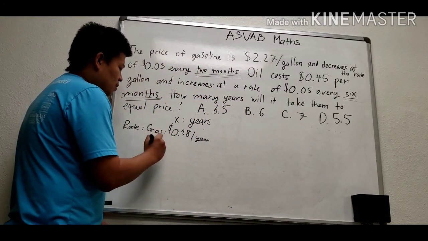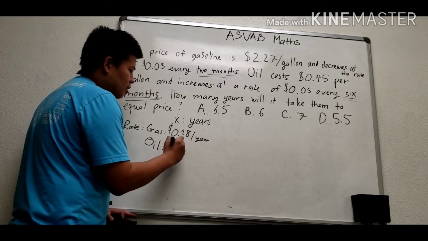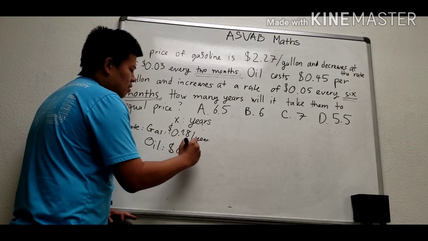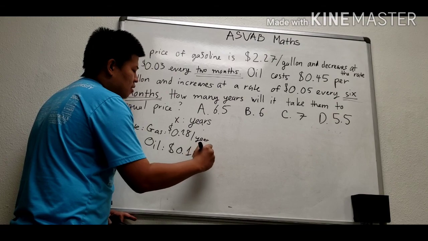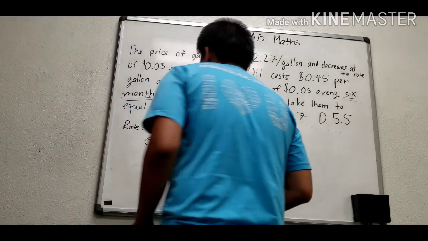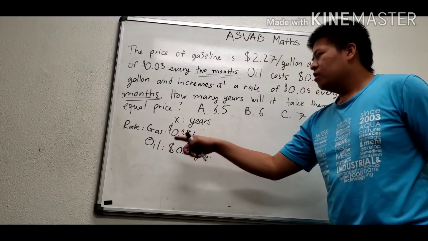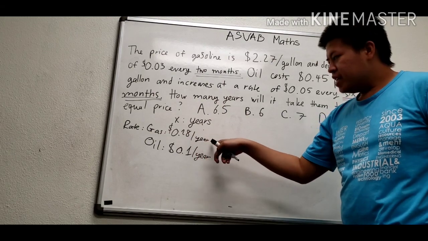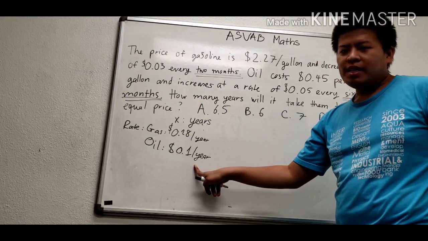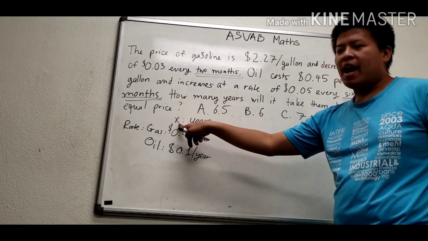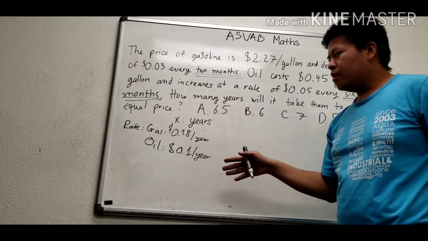We have oil in here. We convert gas and oil to the rate per year, so that when we put it to the s of year, we can make the equation.